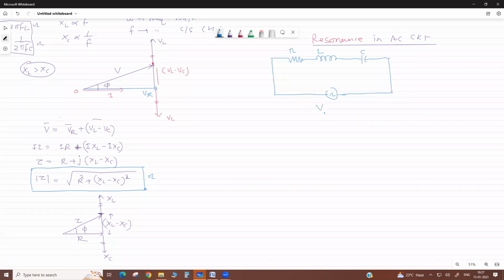Suppose this is the RMS value of voltage and frequency here, then current flows through this circuit.